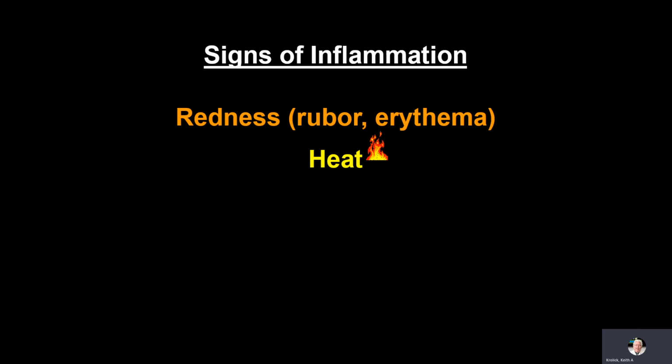And if you ever want to do the experiment, the next time you get a cut and get infected, if the cut occurred on the index finger of your right hand, you could put your index finger from your left hand halfway up your arm, distal to the infected area, and make a mental note of what the temperature feels like, and then move it down to where the infection is occurring.